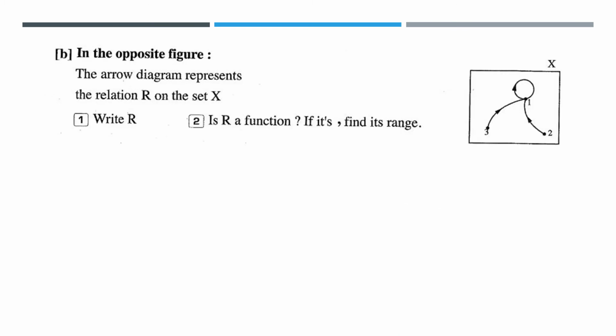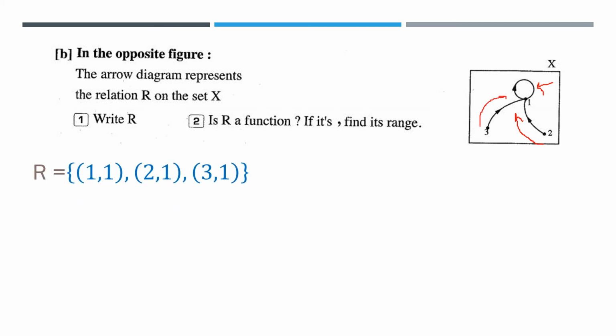Question B says: in the opposite figure the arrow diagram represents the relation R on the set X. Write R. First I have here a loop, from 1 to 1. Then my arrow goes from 2 to 1, so 2 and 1. Then the arrow goes from 3 to 1, so 3 and 1.